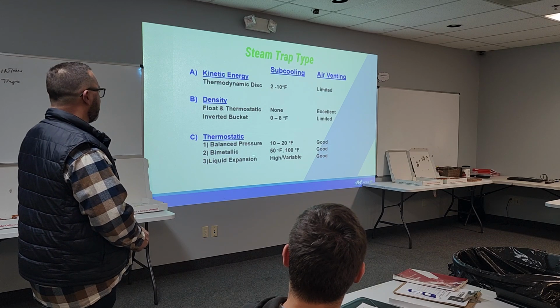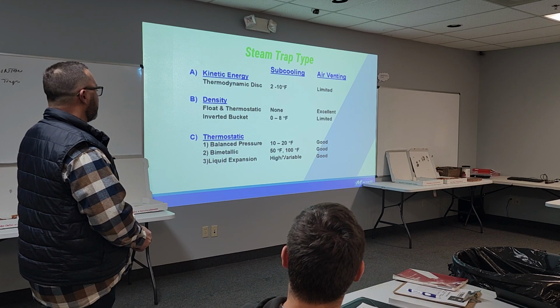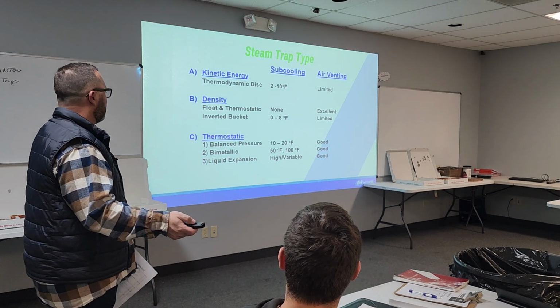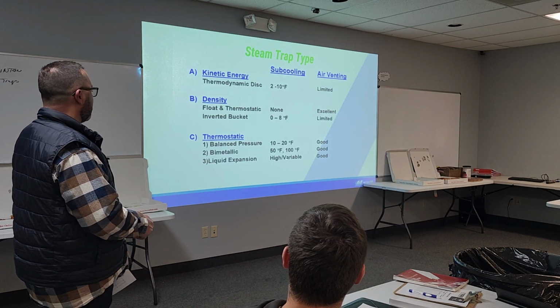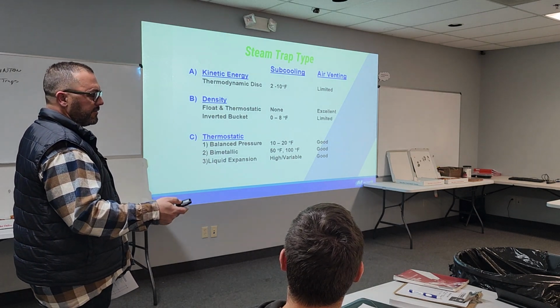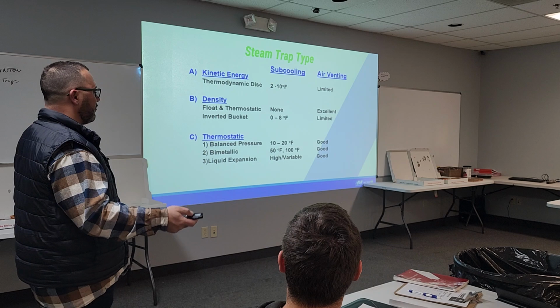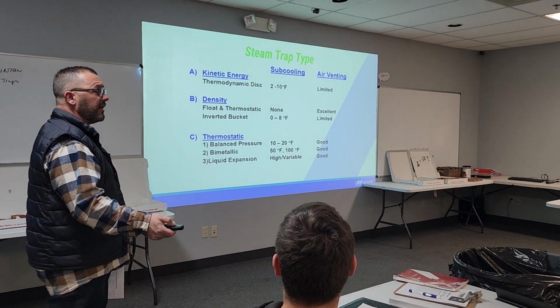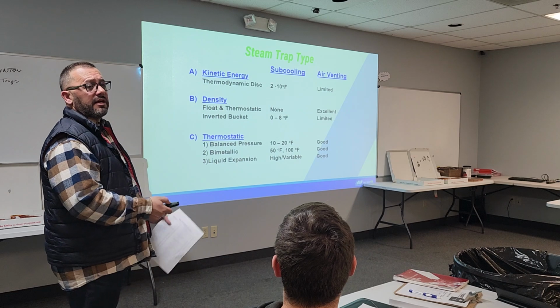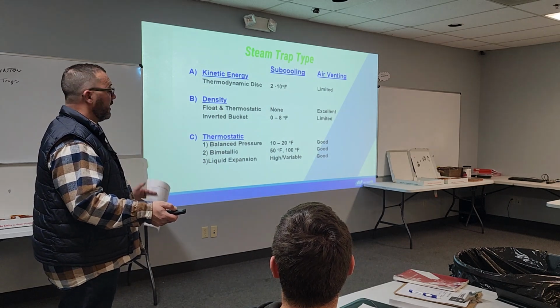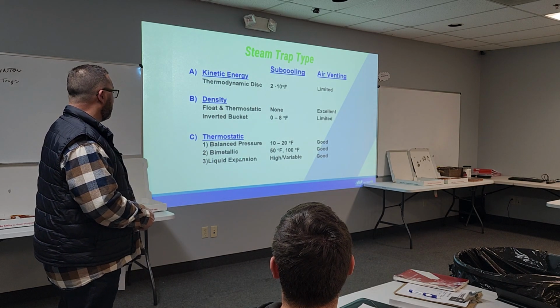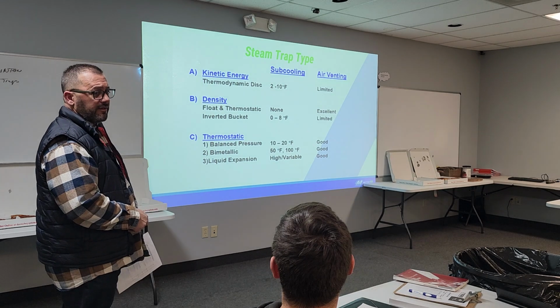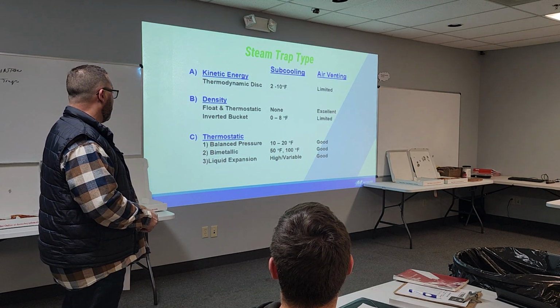Liquid expansion traps, we could talk about them for a while, but if you're doing air coils, these are basically a freeze-ton. One brand calls them a freeze-ton and a thermoton, and basically one senses the temperature of condensate, one senses the temperature of outside air. And why is that important on those coils at that application of the chemical plant that we talked about?